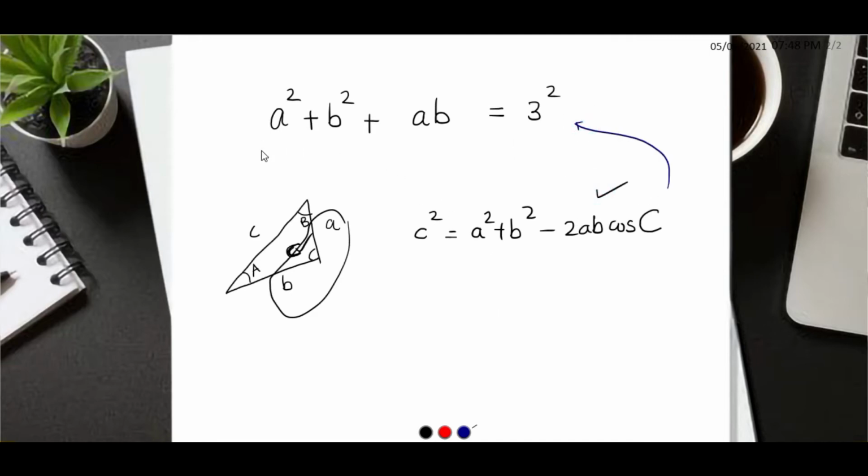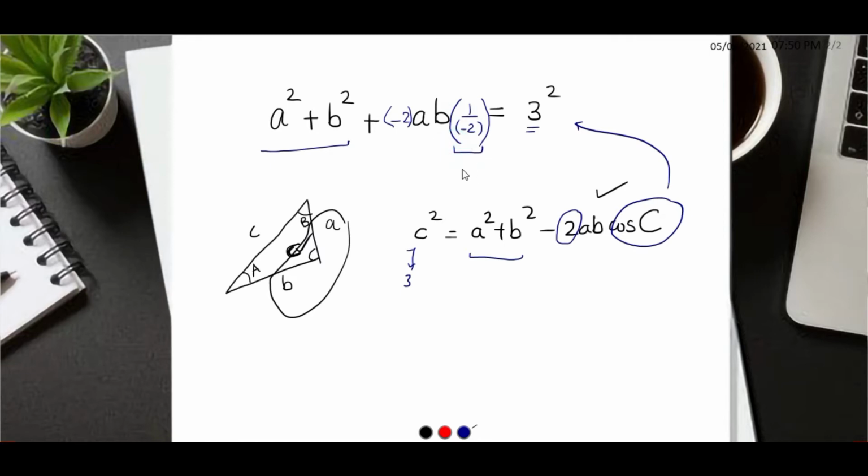Okay, a square and b square we have it. Consider c as 3. Now we need the 2 and this term also. First of all we need a minus 2, but we have a plus sign here. So if we add minus 2, we need to divide by minus 2 also, right?